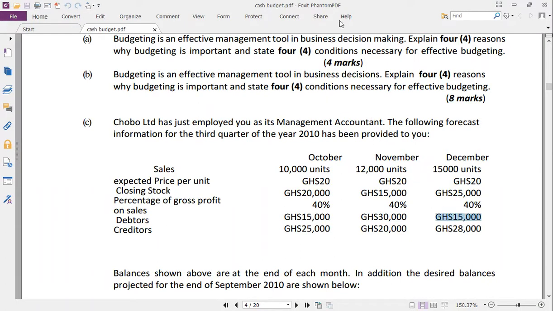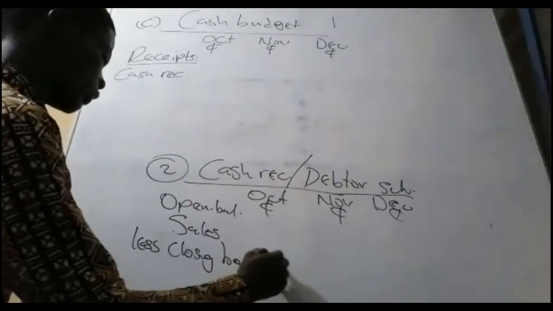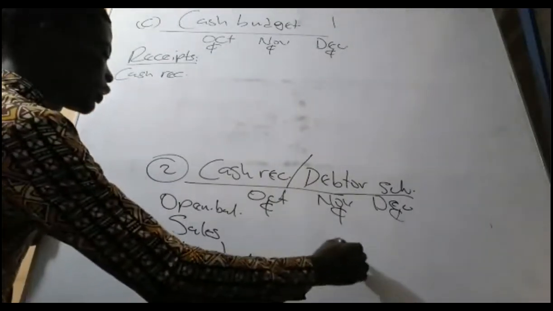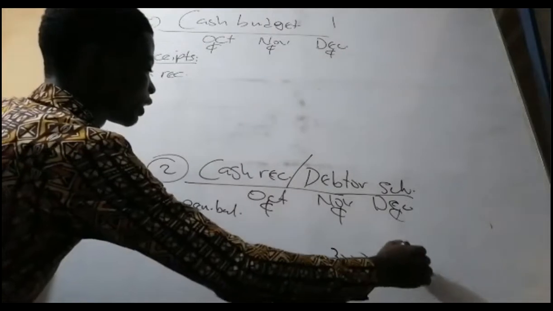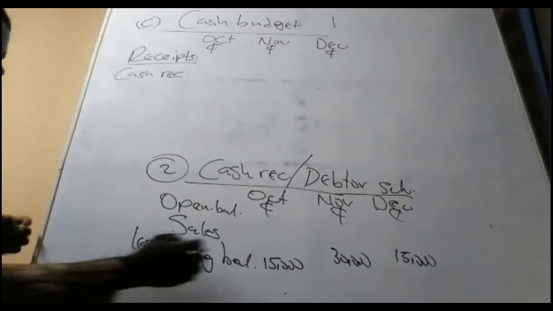So October closing balance 15,000, and 30,000, and then 15,000. Agreed. Good. You put it in brackets.